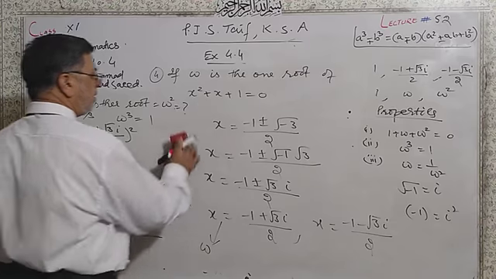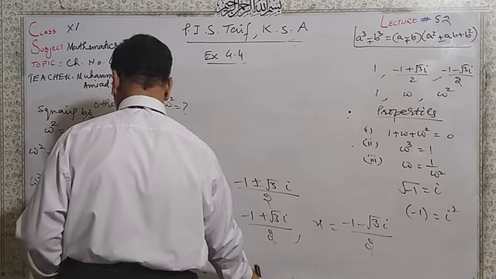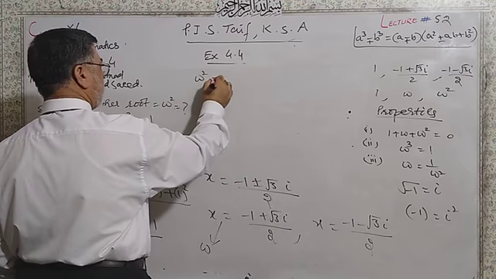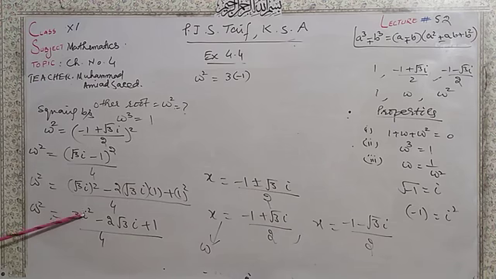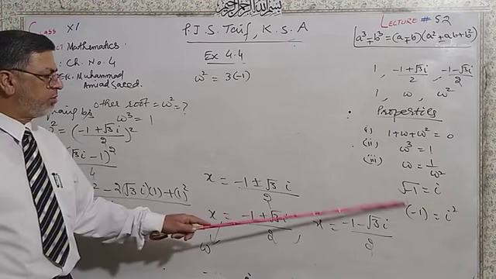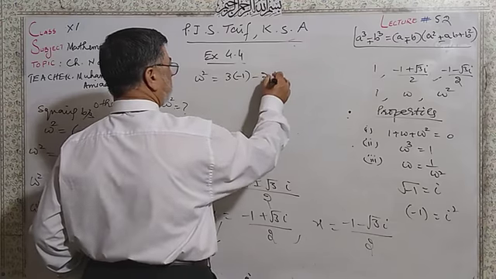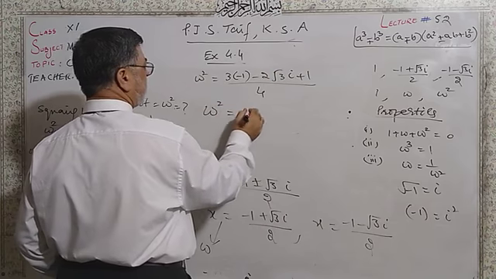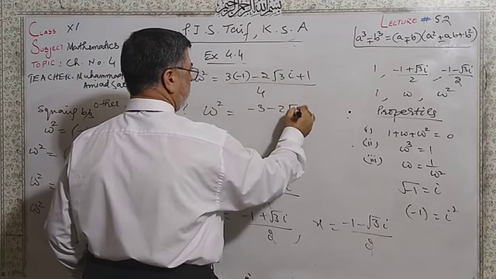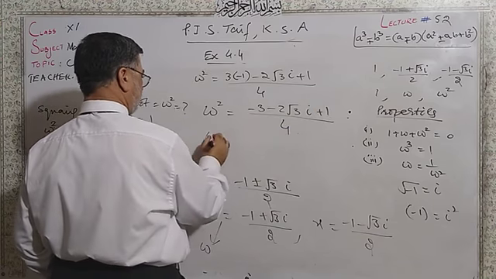Dear students, we have now omega square is equal to 3 into minus 1, because ι square is equal to minus 1. So I am applying ι square as minus 1 here: minus 3 minus 2 into 3√ι plus 1, divided by 4.